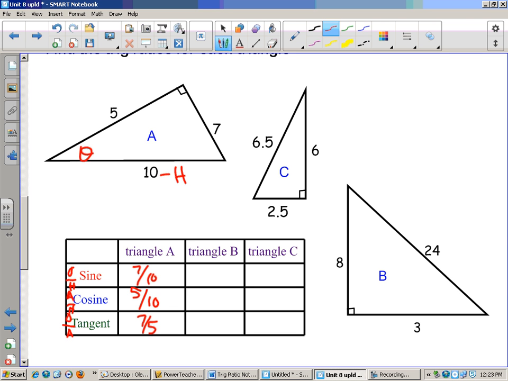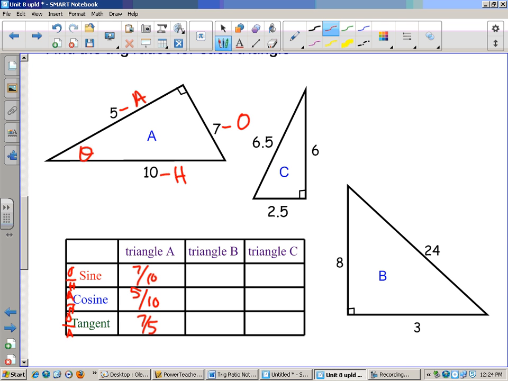So if we're talking about this angle, the opposite side is going to be the side that doesn't touch the angle. So that's going to be which one? 5 or 7? 7. So that's going to be the opposite. And the adjacent, because the opposite and adjacent are the legs, they have to be the legs, not the hypotenuse. So which leg is touching the theta? The 5, right? So if I label them A, O, and H, it makes it easier to fill them out.